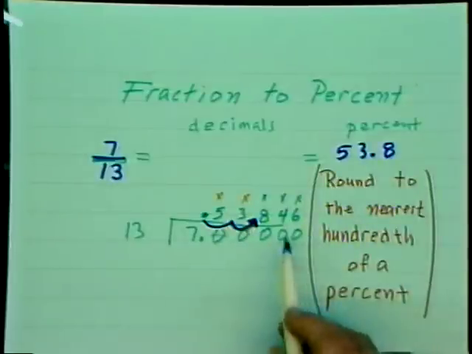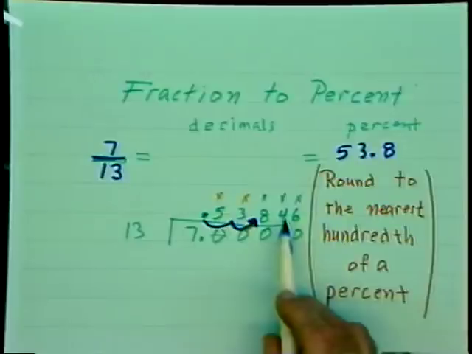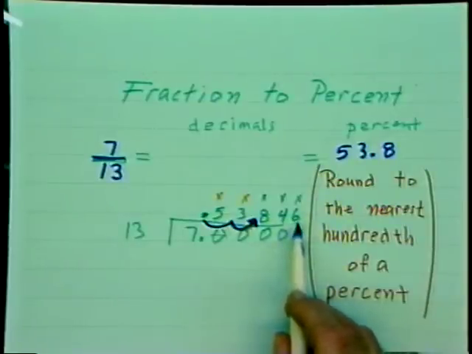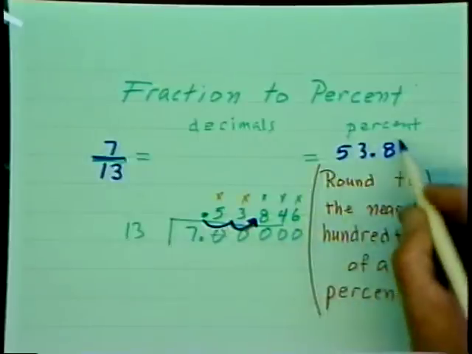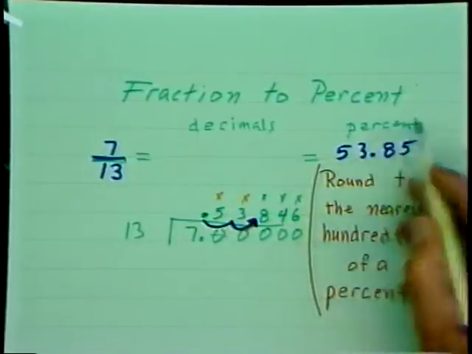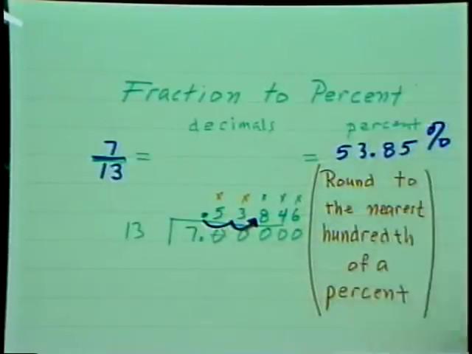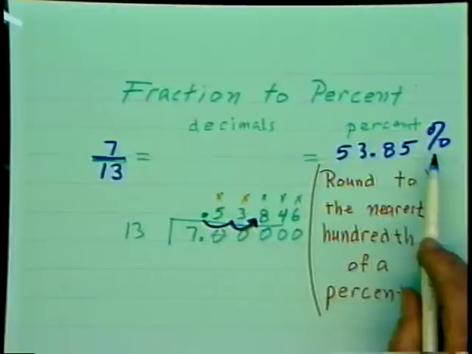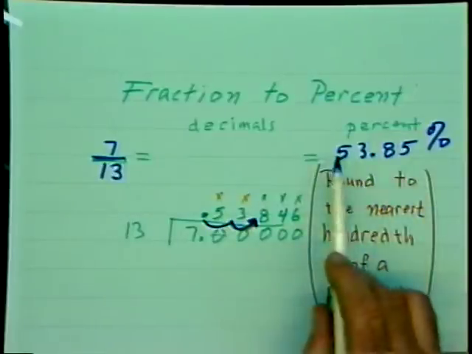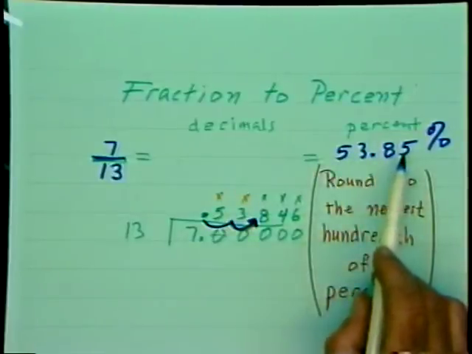53.8. But I want it rounded to the nearest hundredth of a percent, so the digit just before that is 6, which is 5 or more, so I'll add up and make that 85. And since it is a percent, I stick the percent symbol on to indicate that. So 53.58%.